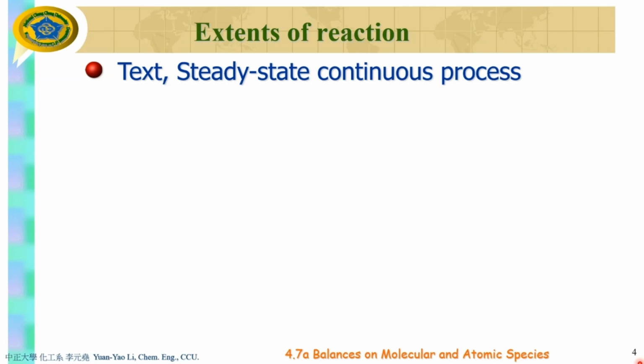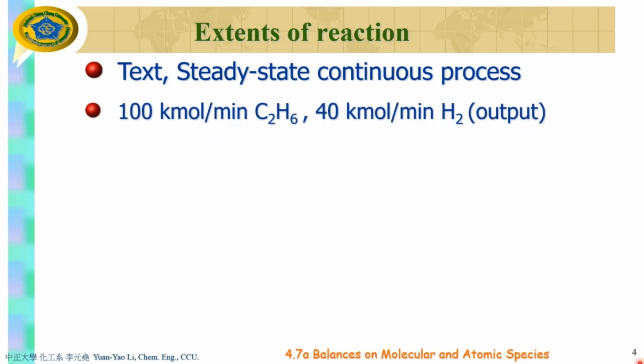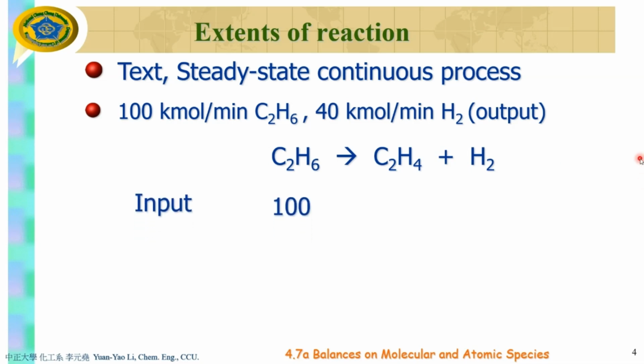For a steady state continuous process, I think we don't have time to read, but I just want to tell you that if we have 100 kilomoles per minute of C2H6, and we have an output of 40 kilomoles per minute of H2, we can write down something like this. This is what we call the hydrogenation process. You have input of 100 moles, and you produce 40 moles.